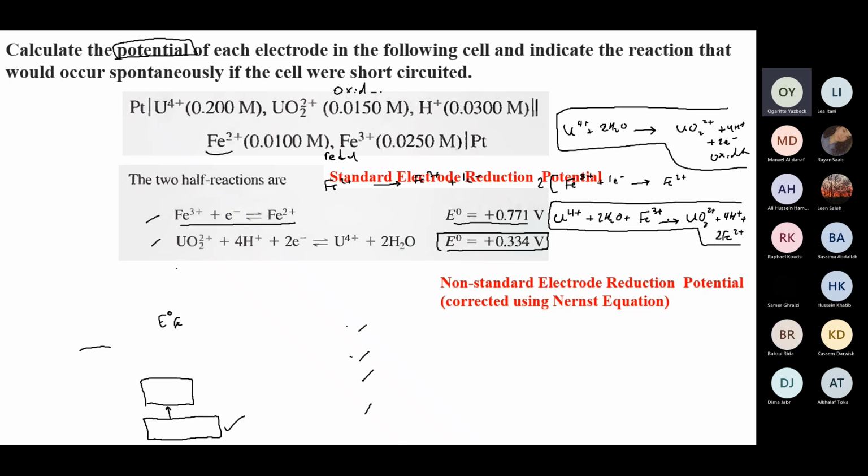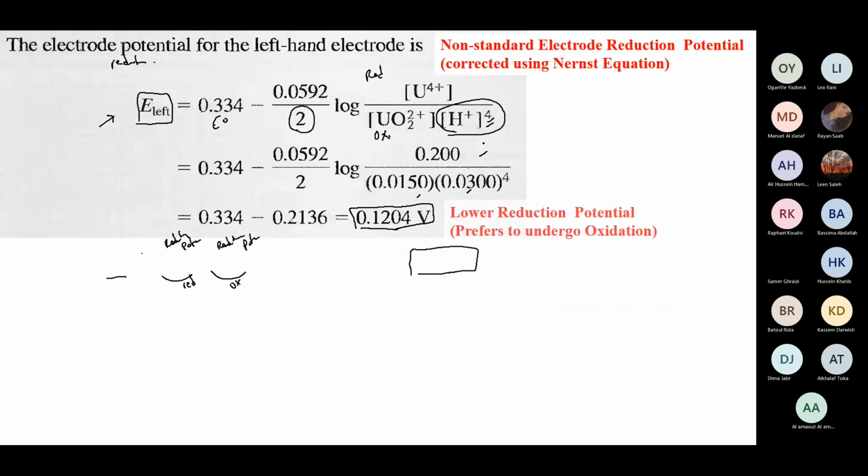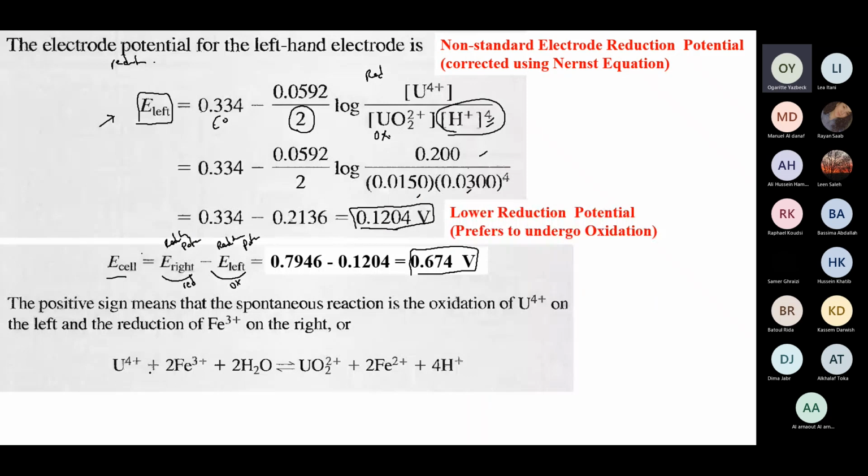And we get an overall reaction. And we have the concentration of every single species in the cell, or sometimes they even give me the overall potential and I have to find the concentration of a species in the overall cell. So indeed, we have a reaction and this is it. And this is what we got by adding the reduction and the oxidation.